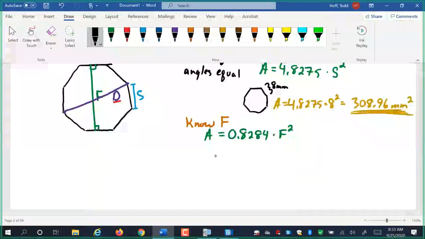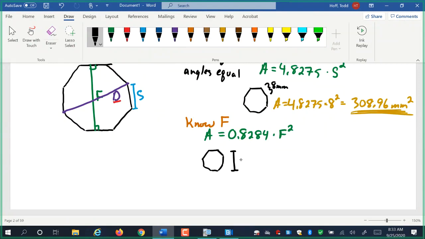Pretend my drawings don't suck and these actually look like octagons. Flat distance would be side to side like that. Put a caliper on it on the flat sides, that would be the dimension you would get.